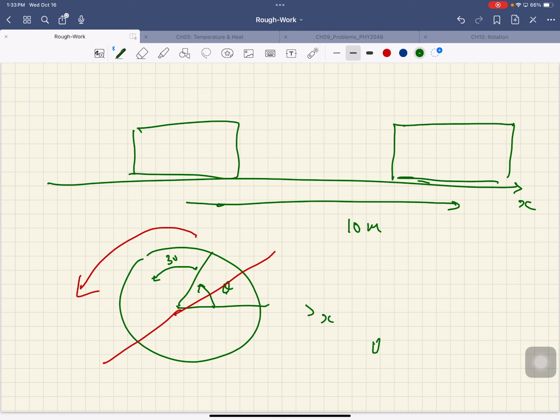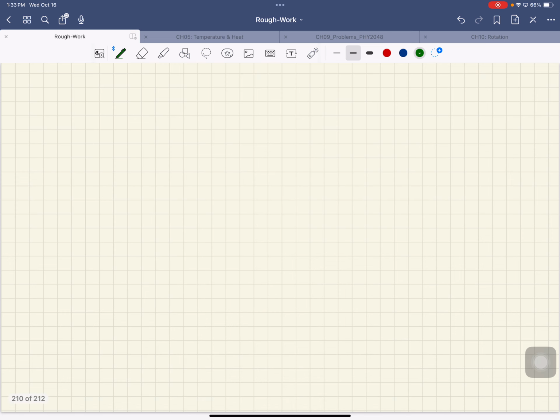You will want its angular position as a function of time. This will be a description of motion. Just like this was a description of motion in one dimension, this is a description of motion of rotation about a fixed axis.